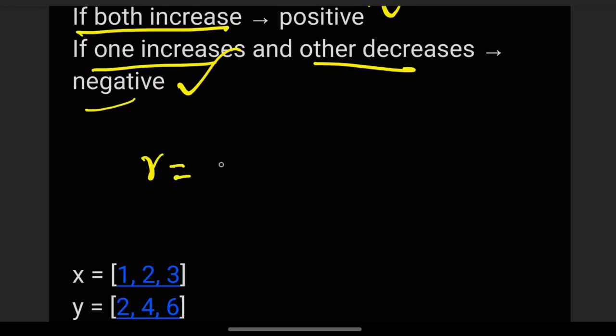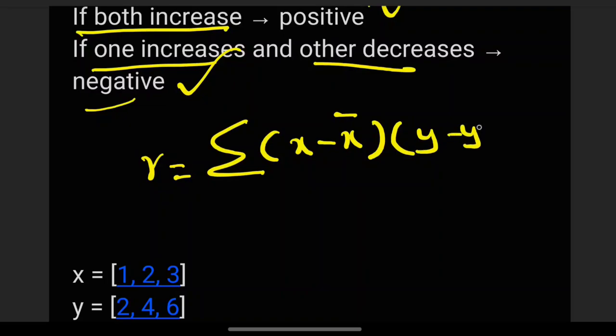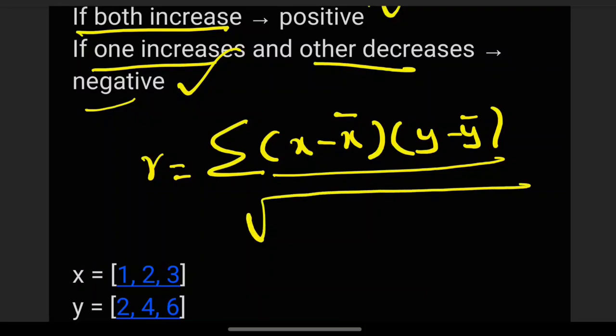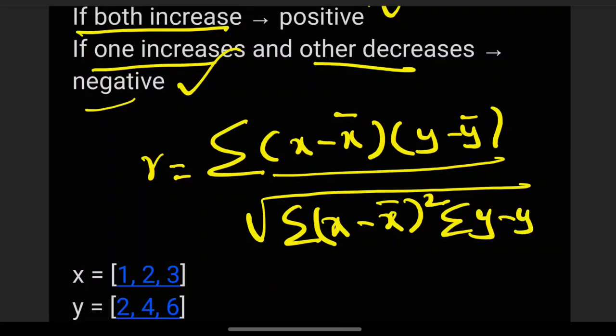Let me write the formula. R is equal to, where R represents Pearson correlation, sigma of x minus x bar, where x bar is the mean, times y minus y bar, divided by the square root of summation of x minus x bar whole square times summation of y minus y bar whole square.